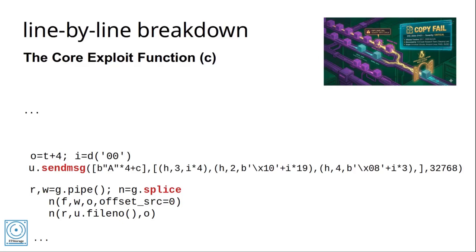The attack. By splicing data from the crypto socket into a pipe that is also connected to the /usr/bin/su file, the script tricks the kernel into writing the malicious data into the page cache of the read-only su binary.